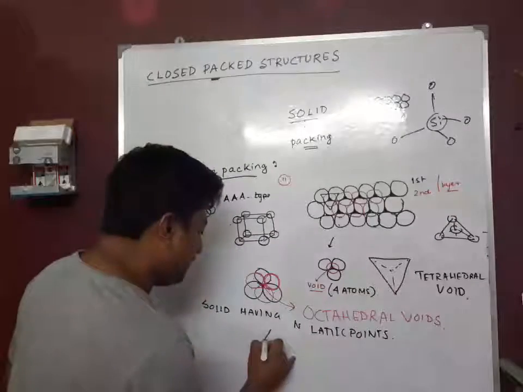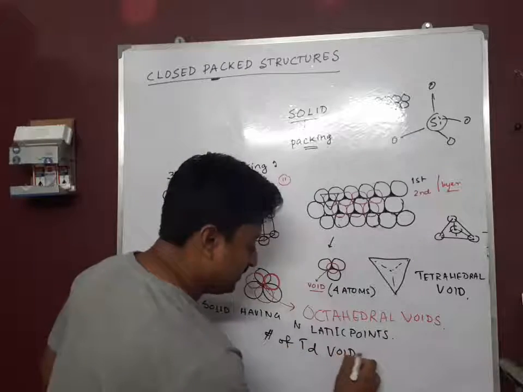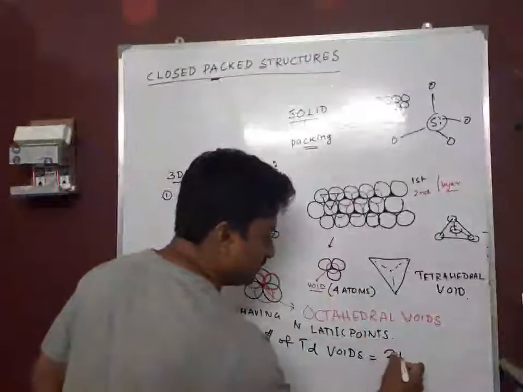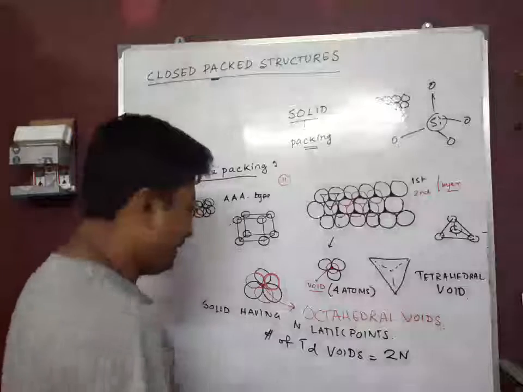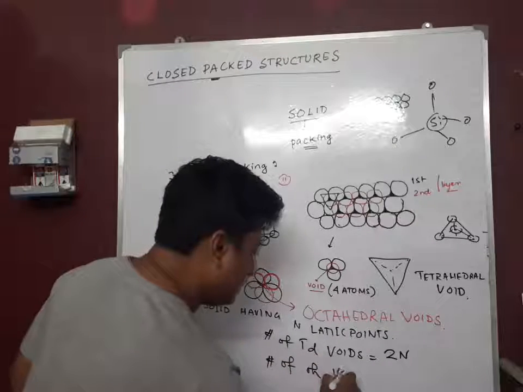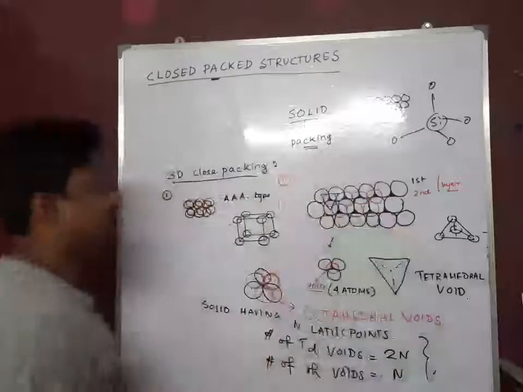The number of tetrahedral voids will be equal to 2n, whereas the number of octahedral voids will be n.